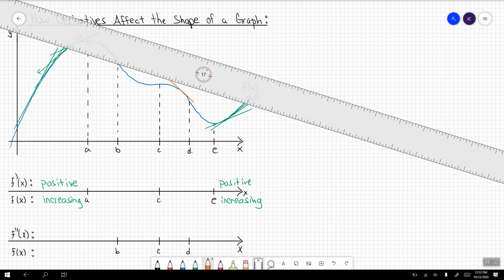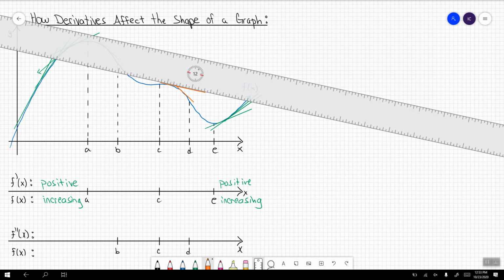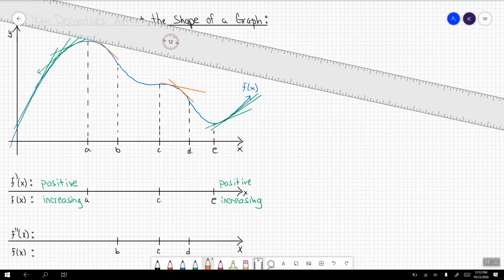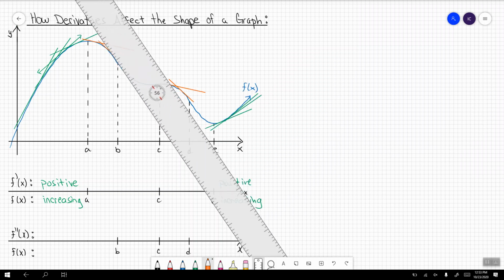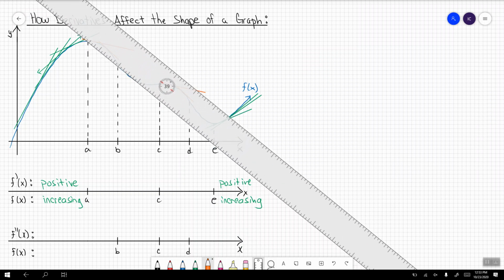And I'll go here. We still have a negative slope. Negative slope. And we still have a very steep negative slope here.